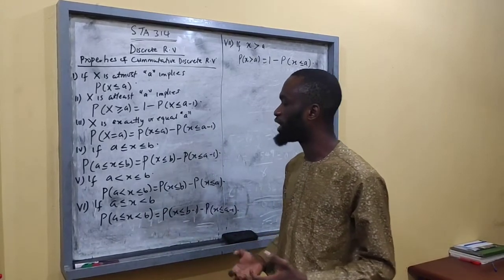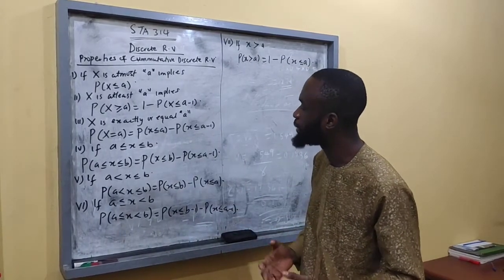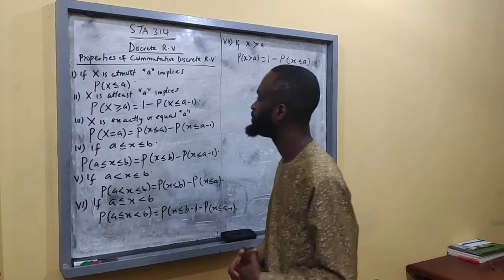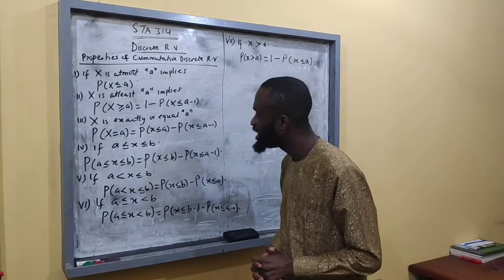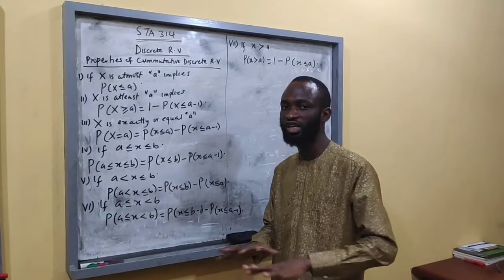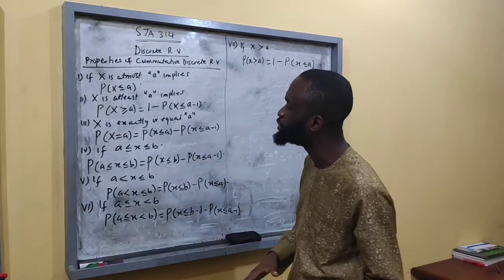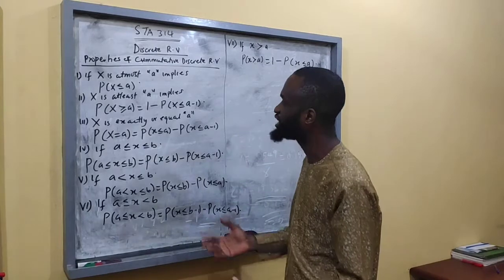For you to be able to apply the statistical table, you need to understand the following properties on the board. I told you the statistical table only recognizes when your x is less than or equal to a. That is a cumulative table from 0 to where your x ends. And that is the first.